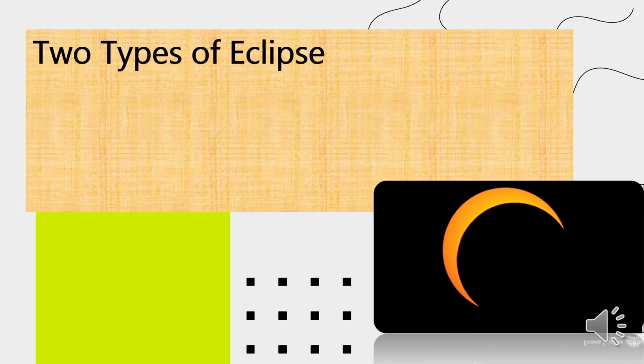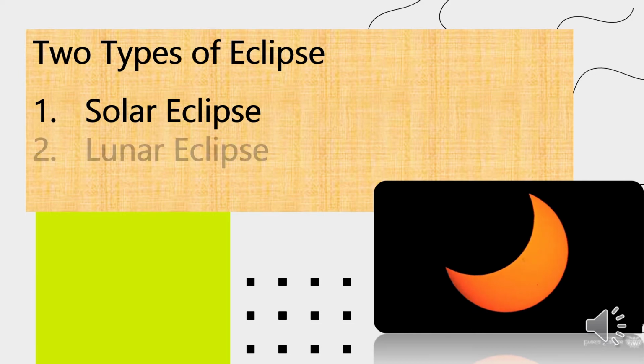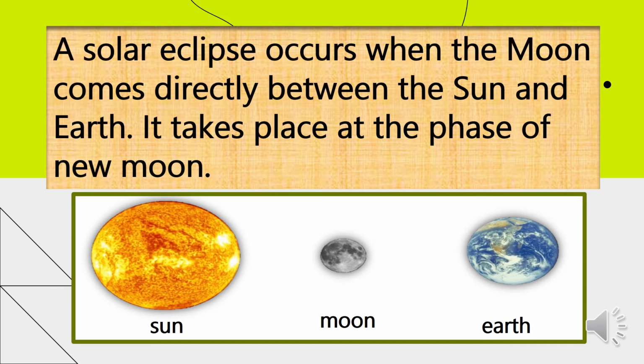There are two types of eclipse: the solar eclipse and the lunar eclipse. A solar eclipse occurs when the moon comes directly between the sun and the earth. It takes place at the phase of new moon.